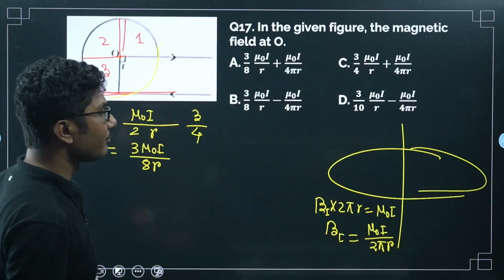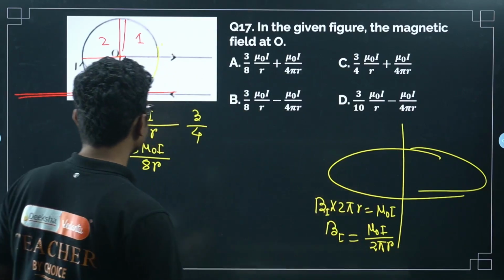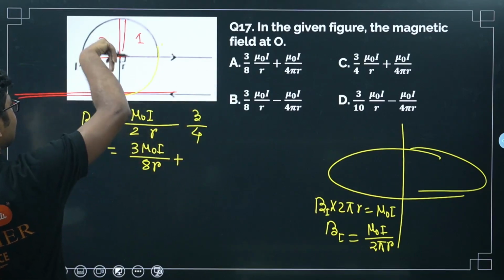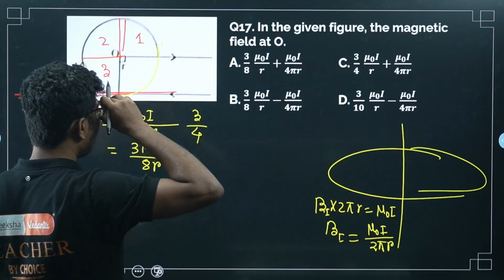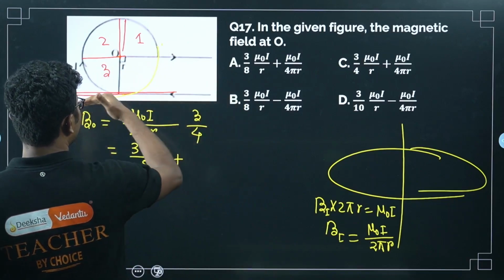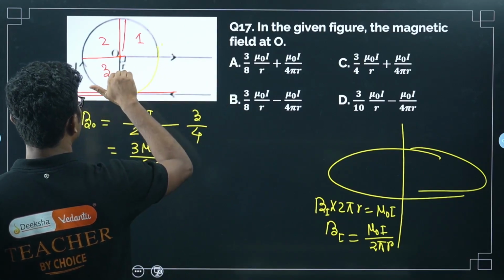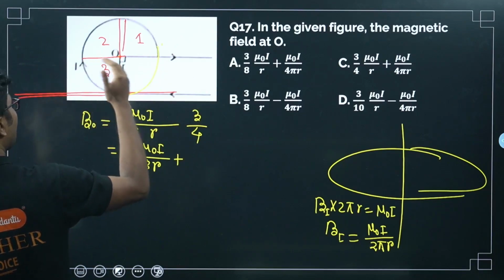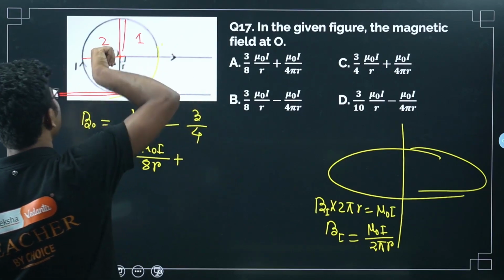But in case you forget, you can remember it like this, and this is going to be added because this is in this direction, this is also in this direction, so both will be added, right? The magnetic field due to this straight wire is into the paper, and the magnetic field due to this wire is also into the paper.